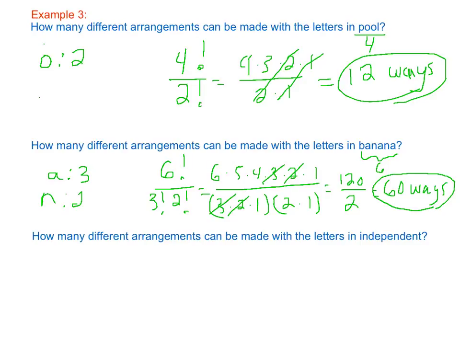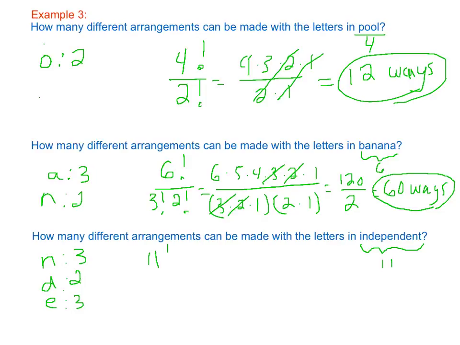Alright, now we have the word independent. In the word independent, the letter N duplicates 3 times, the D duplicates twice, and the E duplicates 3 times. The total number of letters in independent is 11.